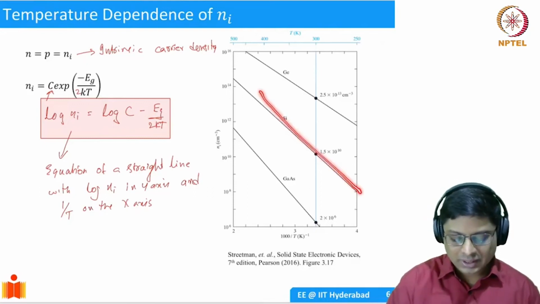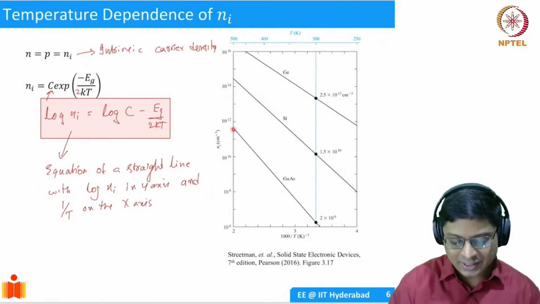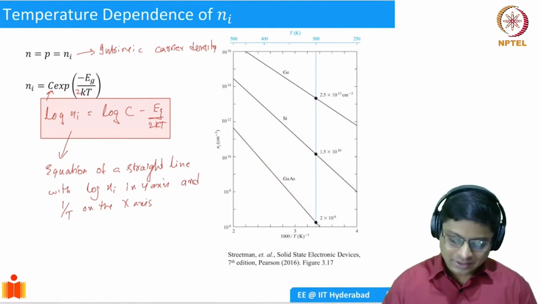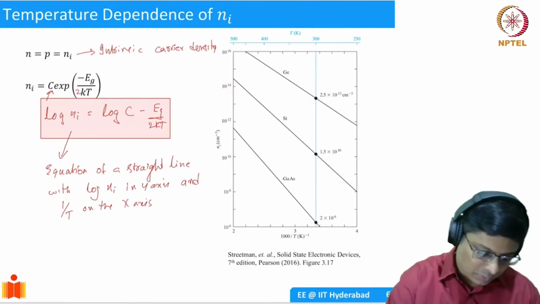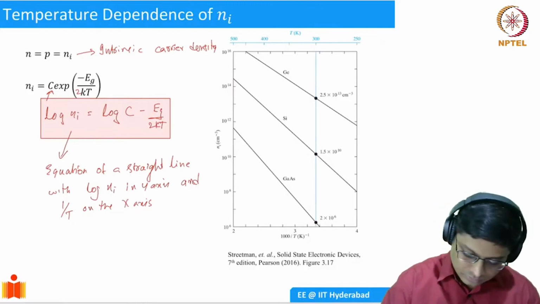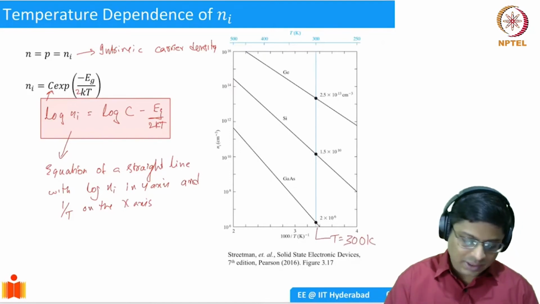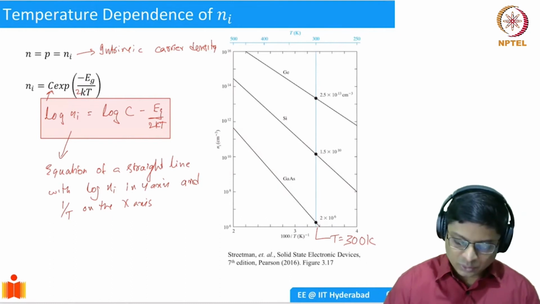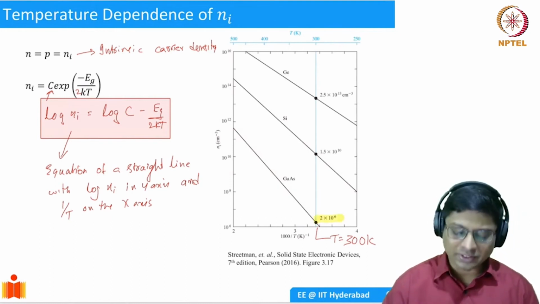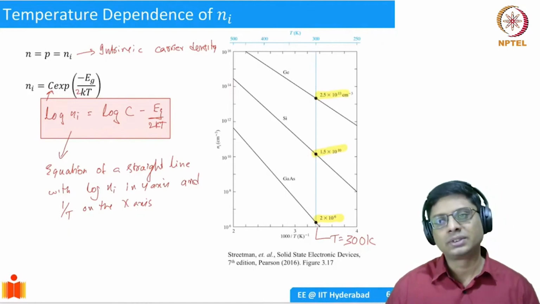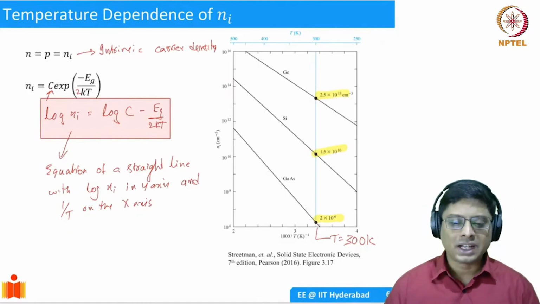This corresponds to T equal to 300 Kelvin. Gallium arsenide has 2 into 10 power 6 intrinsic carrier density, silicon 10 power 10, and germanium 10 power 13. These are the numbers that you see, which is consistent with what we were seeing.